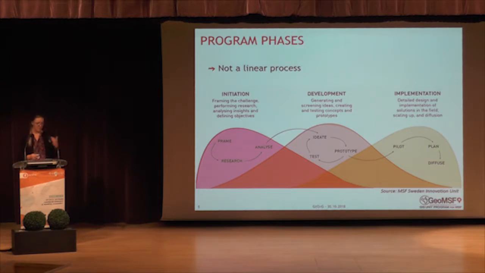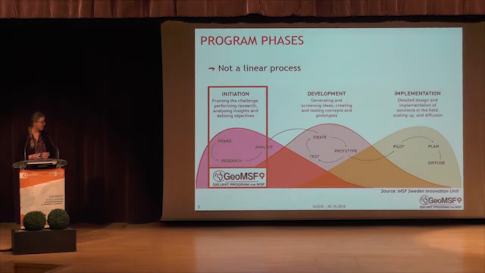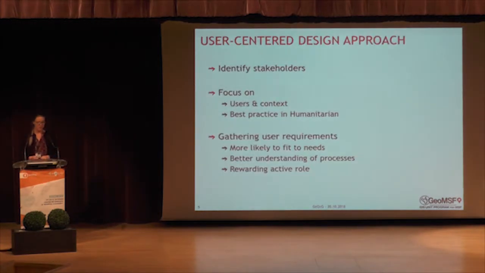So we start with a frame, research and analysis, and then we go to iterative phases, finalizing with pilot and different elements through the last deployment. The program started in February, so we are arriving at the last part of the initialization, and that's where I'm talking with you now through the user-centered approach.